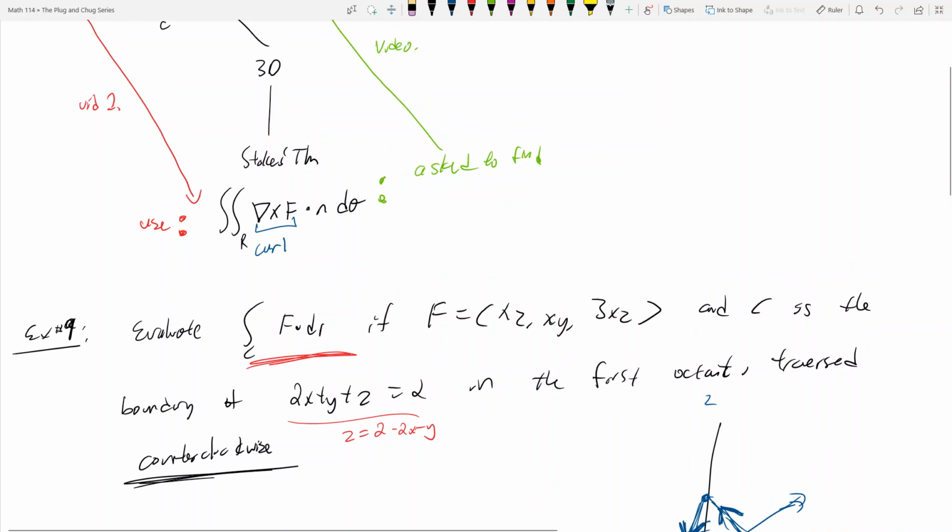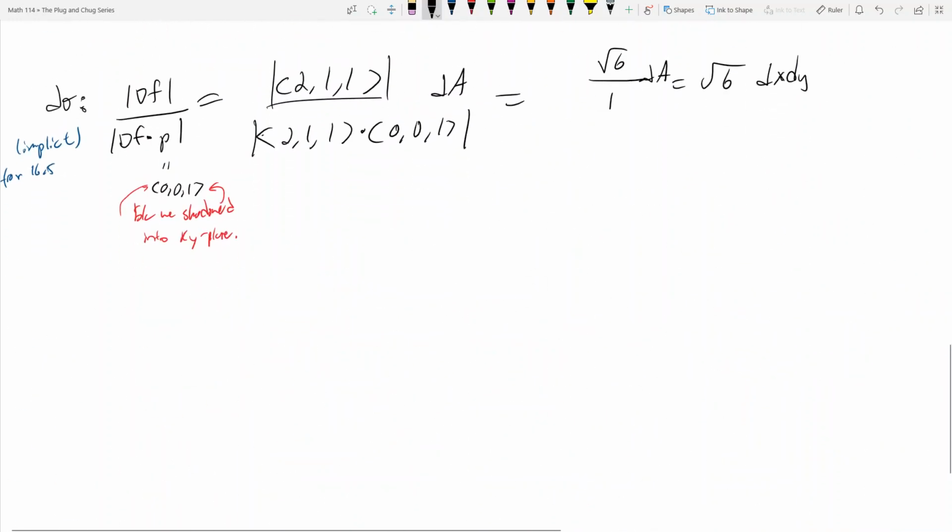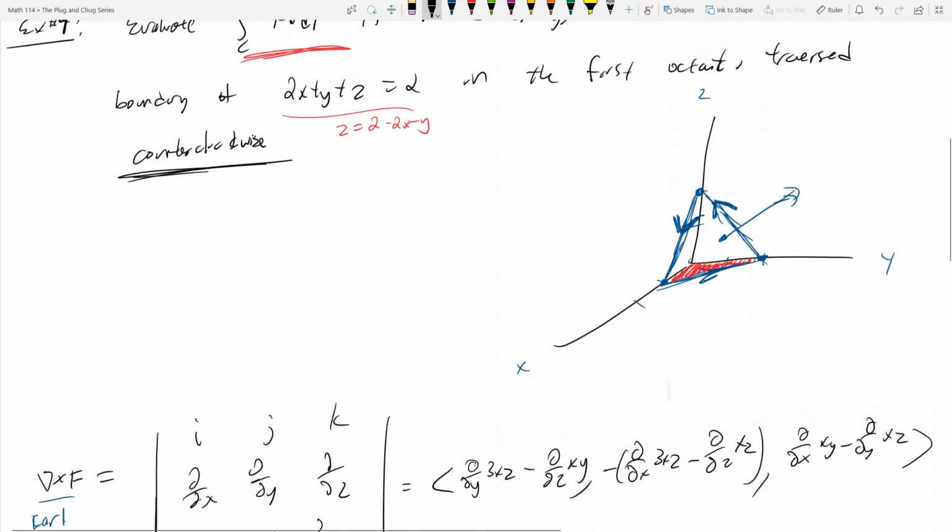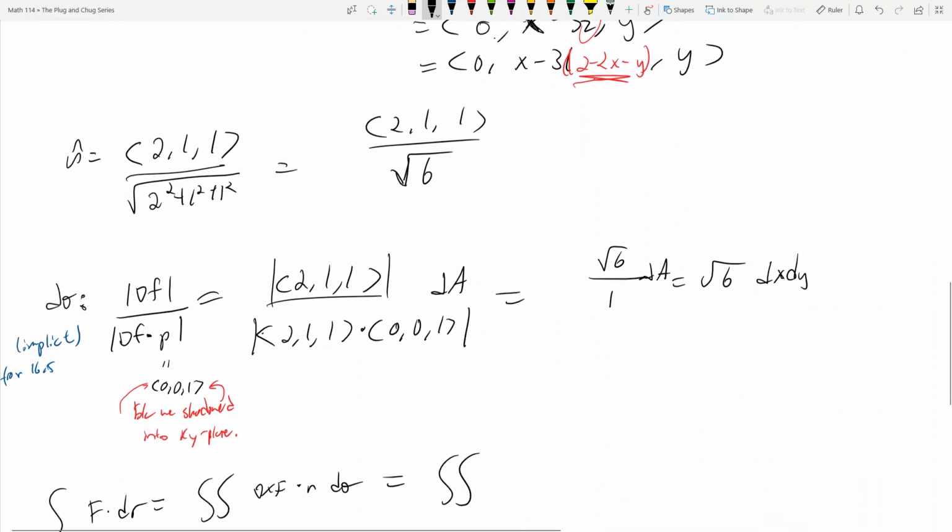So the line integral of f dot dr is equal to the double integral of curl of f, which is del cross f, dot n d sigma, which in our case is, well, curl of f is 0, x minus 3 times 2 minus 2x minus y, oh boy, and y, dotted with n, which is 2, 1, 1 over root 6, and then d sigma, which is root 6 dx dy.